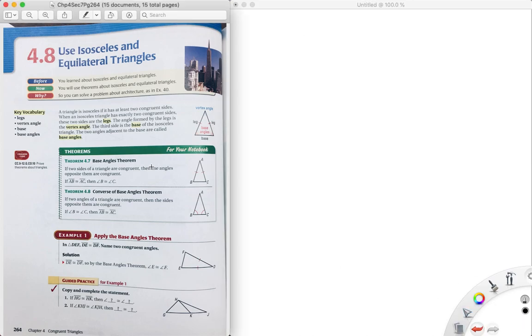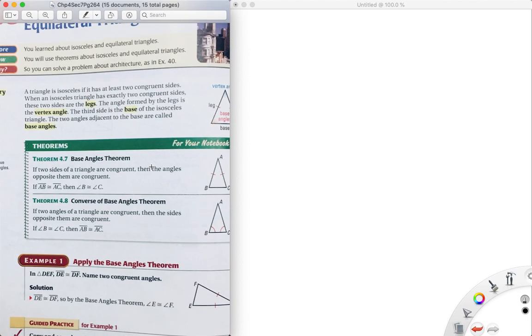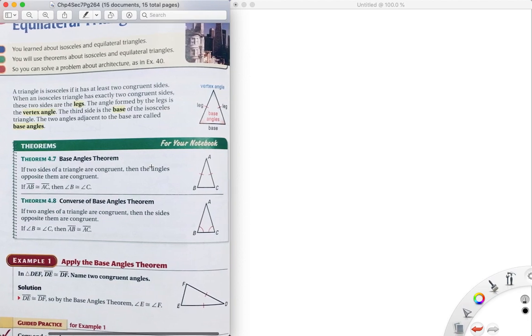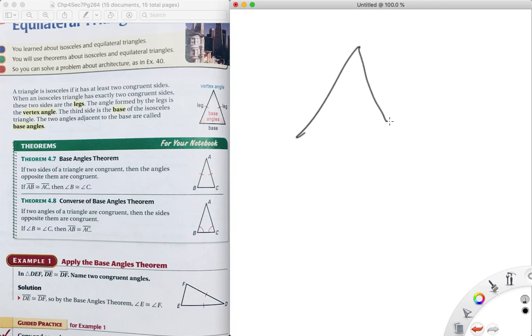Okay. Theorem 4.7, or the base angles theorem, says this: if two sides of a triangle are congruent, then the angles opposite them are congruent. So if I know that two sides are congruent, then I know that the two angles, the base angles, are congruent.